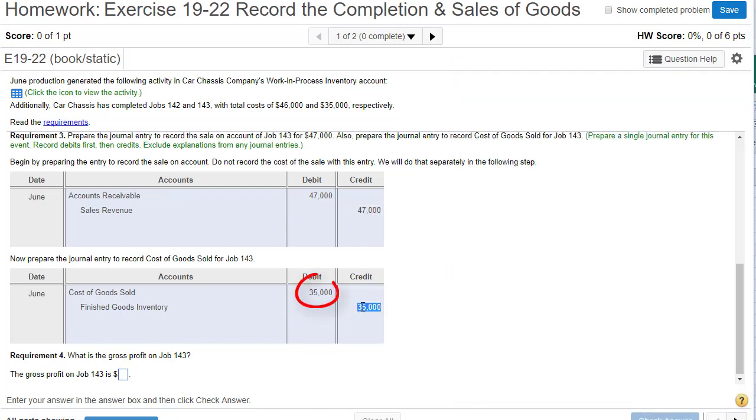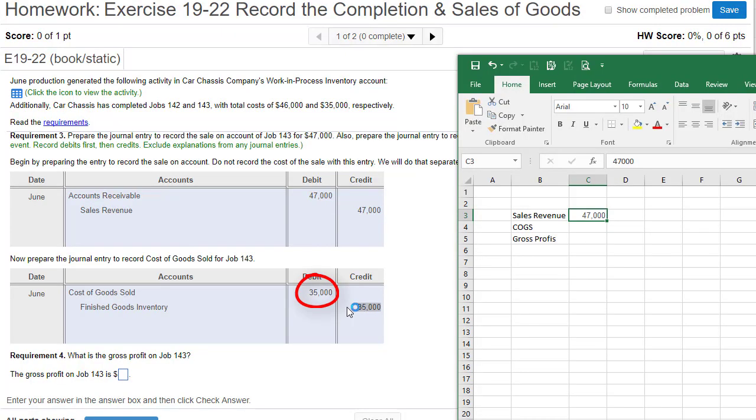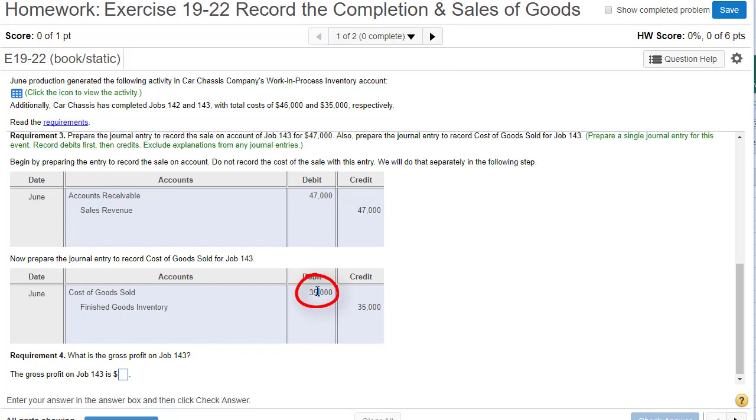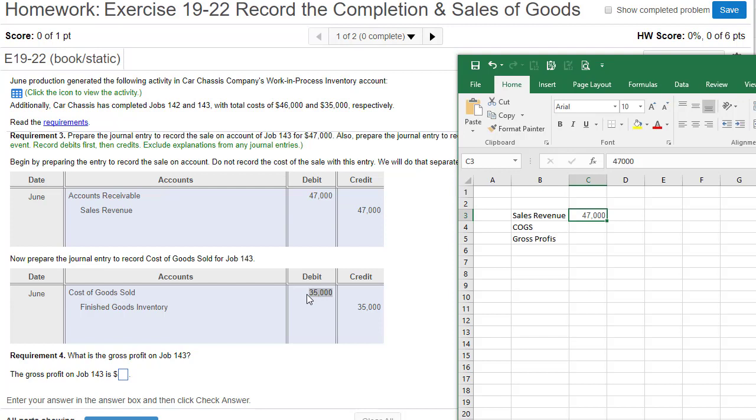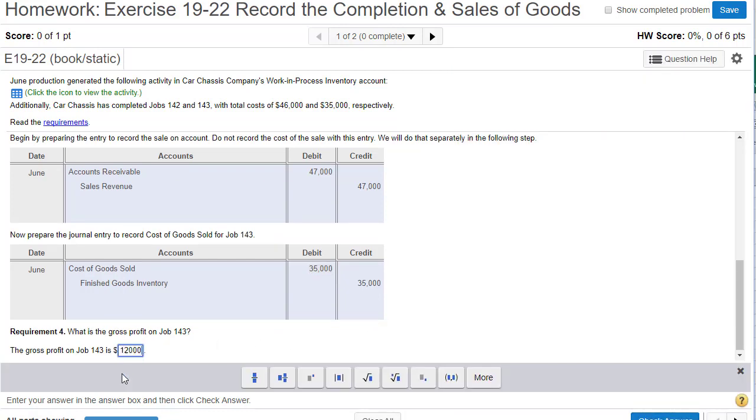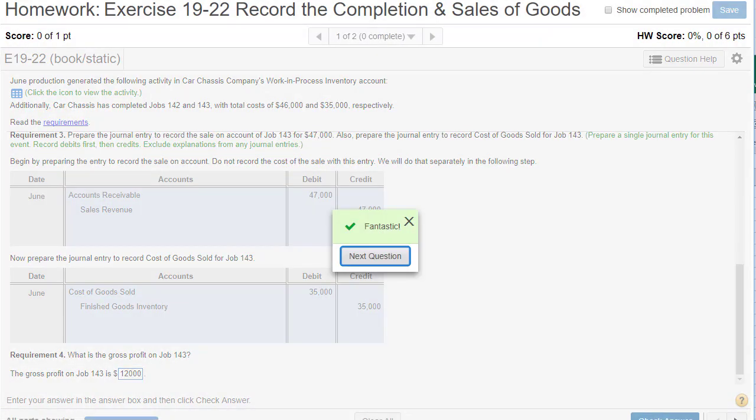Cost of goods sold was $35,000. Technically, I should have grabbed it over here. It's the same number. I want you to see where I'm getting the number from. So this gross profit, sales revenue minus COGS, gives us $12,000. And that's it.